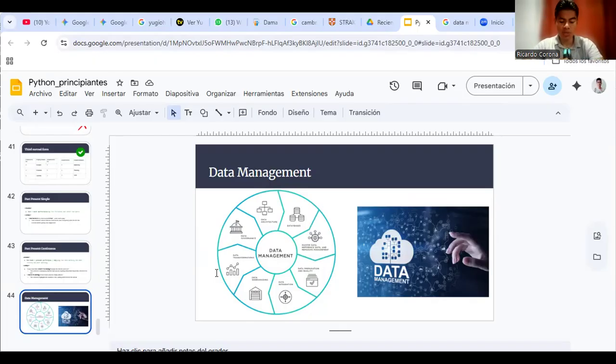Data gives each company insights about their customers, their products, and their services.